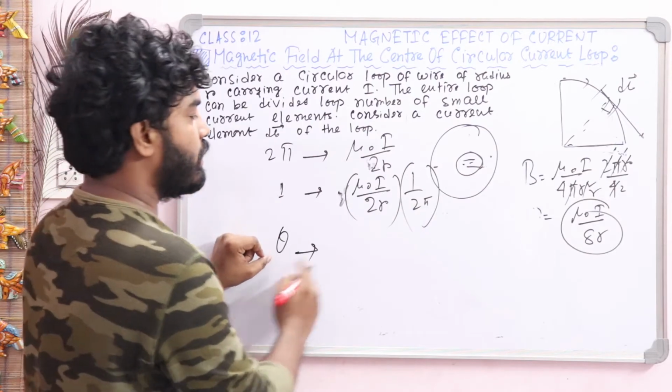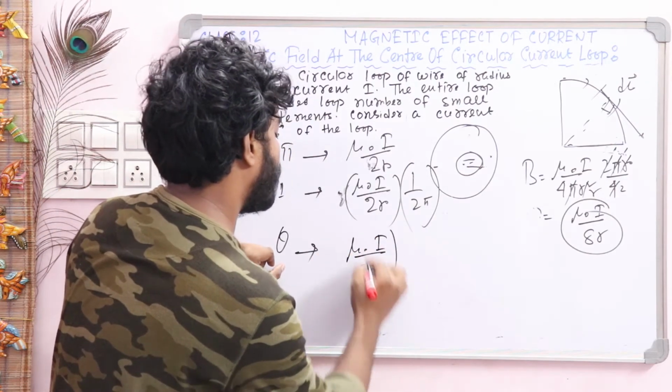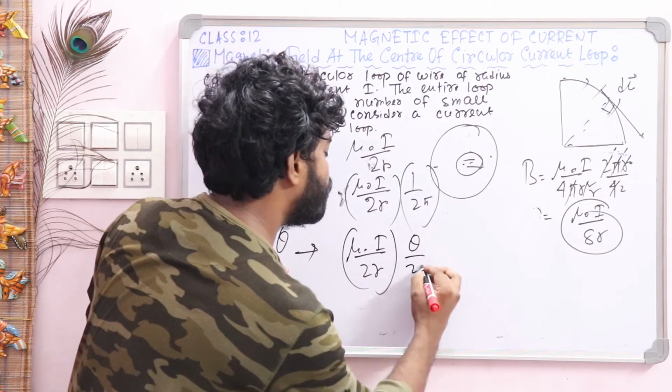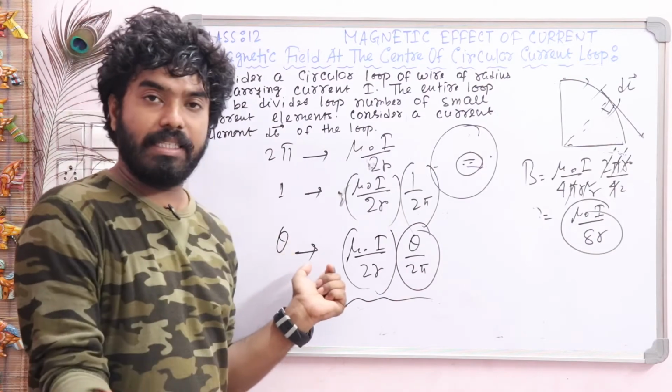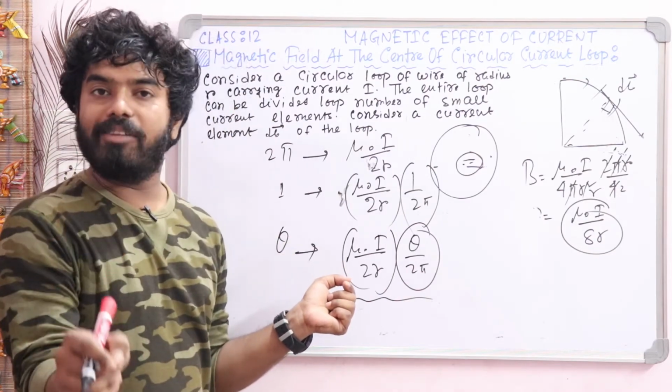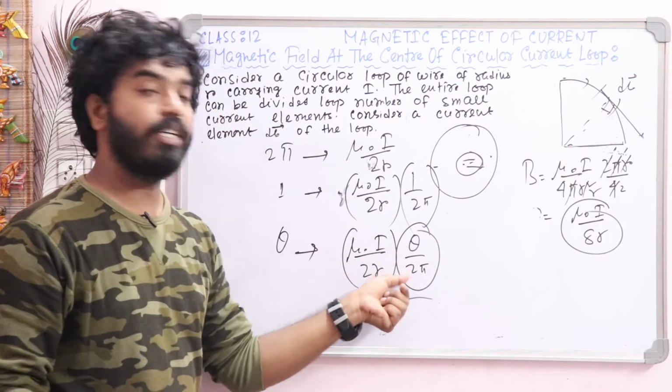So for theta, this one will be mu naught I by 2r, theta divided by 2 pi. You remember this formula. For any angle theta, the expression of magnetic field at the center is mu naught I by 2r into theta by 2 pi.